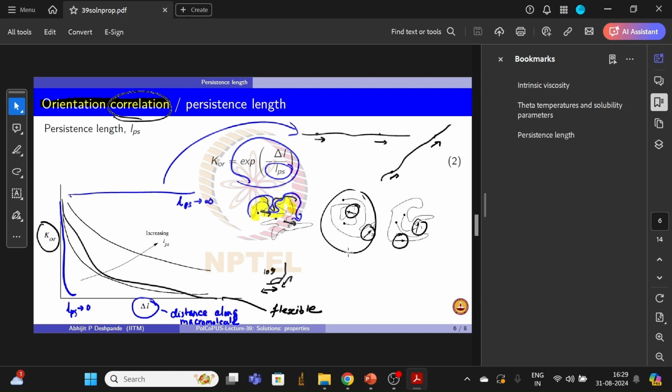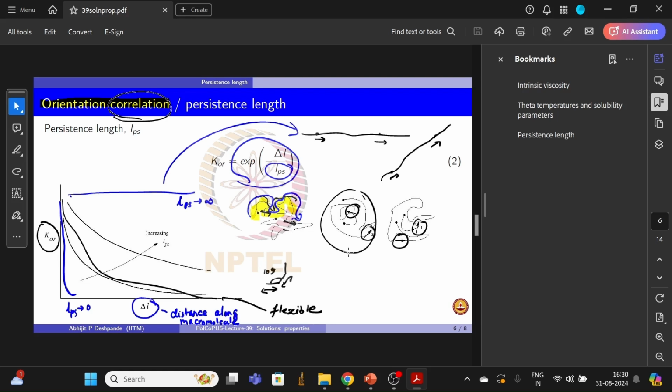Whereas in a coiled chain, the bending capability is much higher. So you cannot really correlate. So it gives an idea of the correlation between the different points in the polymer chain based on its capability to bend and its flexibility. It gives an idea of flexibility and rigidity of a polymer chain.